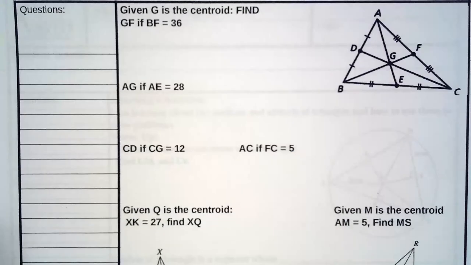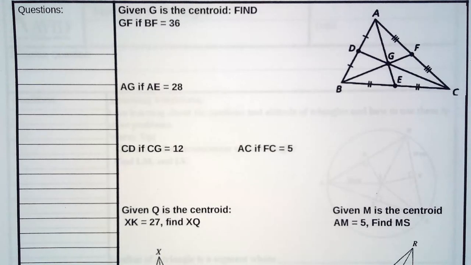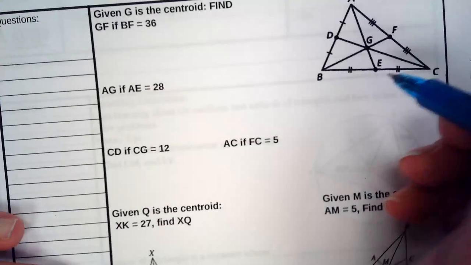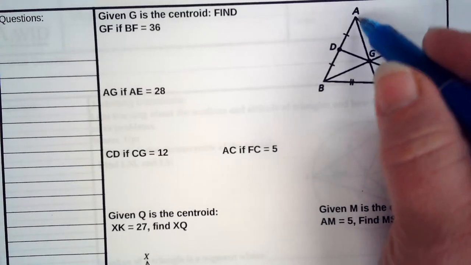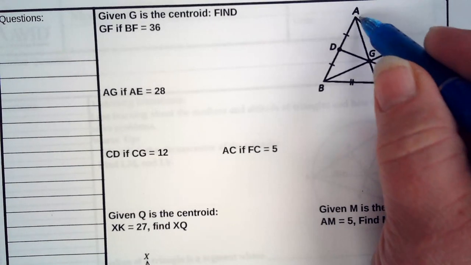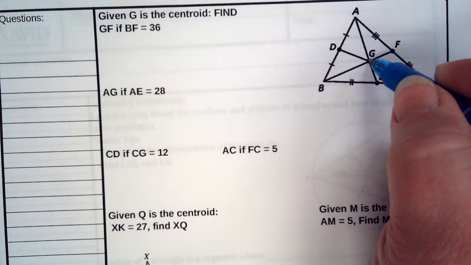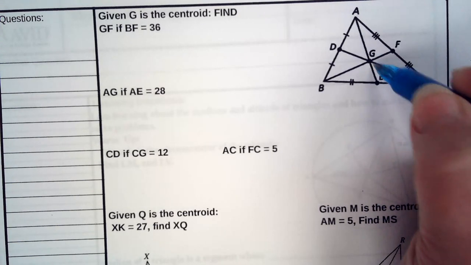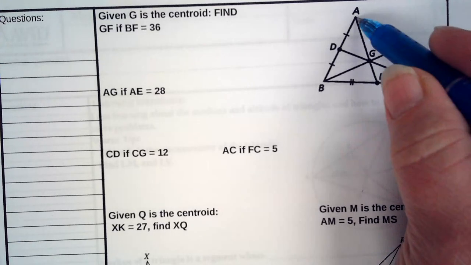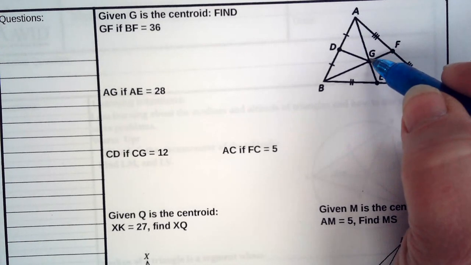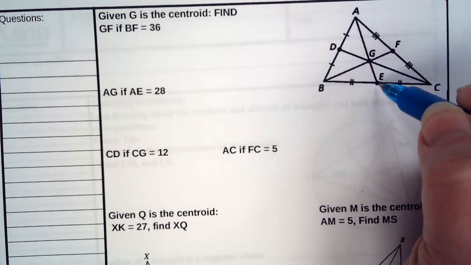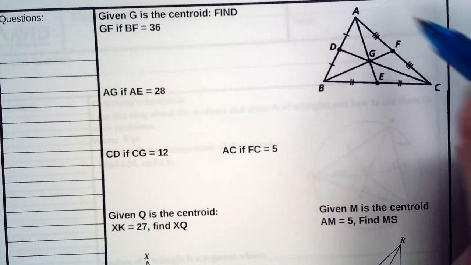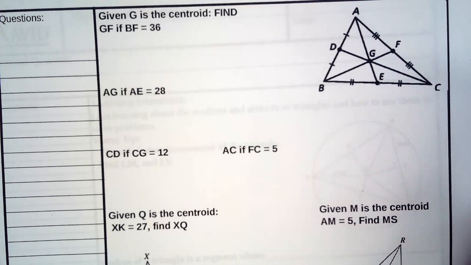Okay, so how do we use the idea of centroid? Look, this is your centroid. And if you notice, from A to G, which is from your vertex to the centroid, looks much bigger than from G to E. This is where you know that AG is 2/3 and GE is 1/3 of the length of AE.